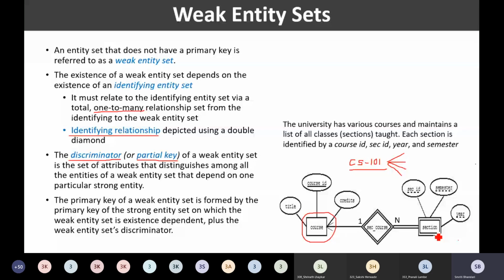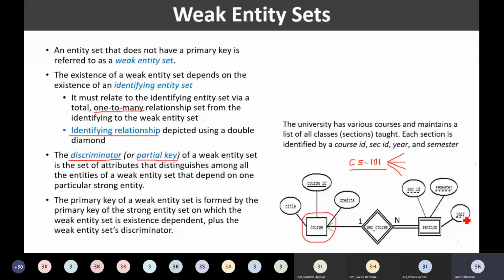So in this typical example, what is the primary key for the section, which is a weak entity set? The primary key of the section is the discriminator for the section, or the partial key for the section, in addition to the primary key of the identifying entity set.